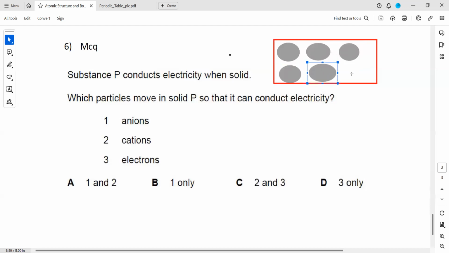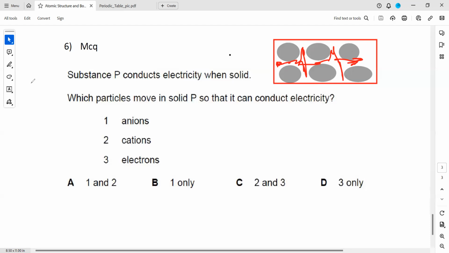So how can metals conduct electricity? One is because they have delocalized or free electrons, so these electrons can move anywhere within the structure. That is one way of conduction.